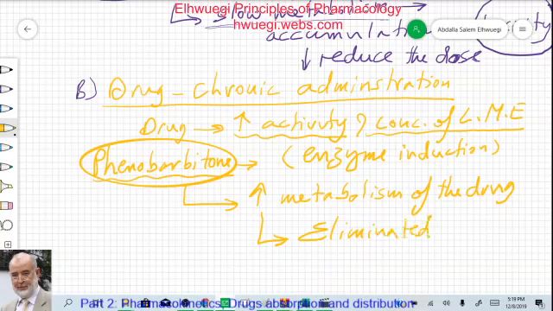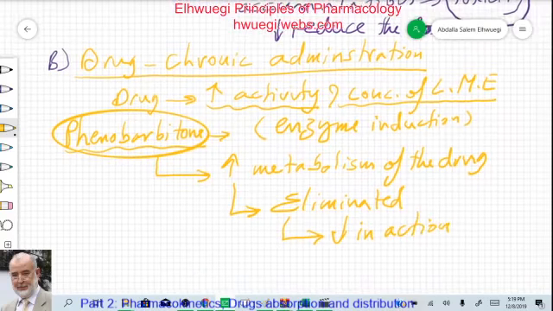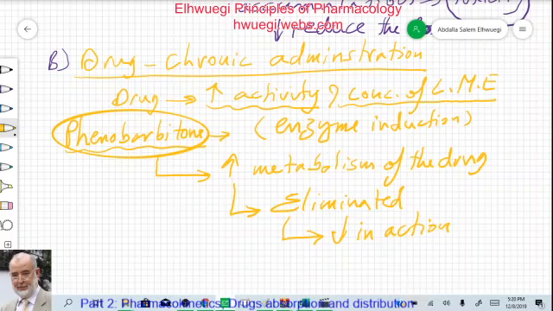If it is faster elimination, it means a decrease in action. Action is decreased. So we started with the drug producing an action, then by taking the drug continuously, the drug itself increases the activity and the concentration of liver microsomal enzyme.